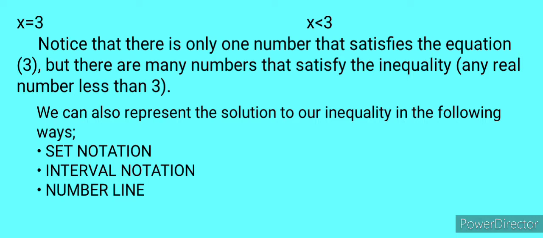We're talking about all the numbers less than 3. And maybe the number line makes it clear that we're not just talking about the number 3, we're talking about all the numbers that are less than 3. And that's one of the differences with inequalities.